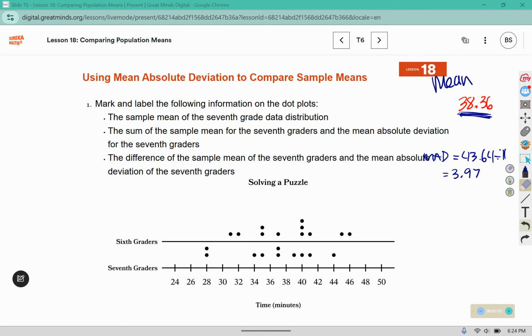Let's mark those values in your book on top of 1. So 38.36 is slightly above 38. And we'll write that that is the mean. Then when we added 3.97, that put us at 42.33. That is the mean plus 1 mean absolute deviation. And if we did the mean minus 1 deviation, it put us at 34.39.